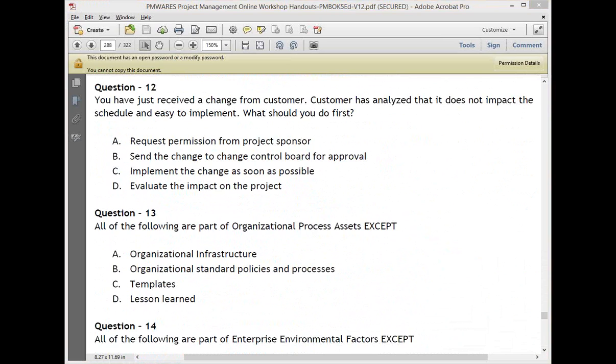We have to do evaluation first. Yeah. What about 13? Agree. A. Okay. What about 14?